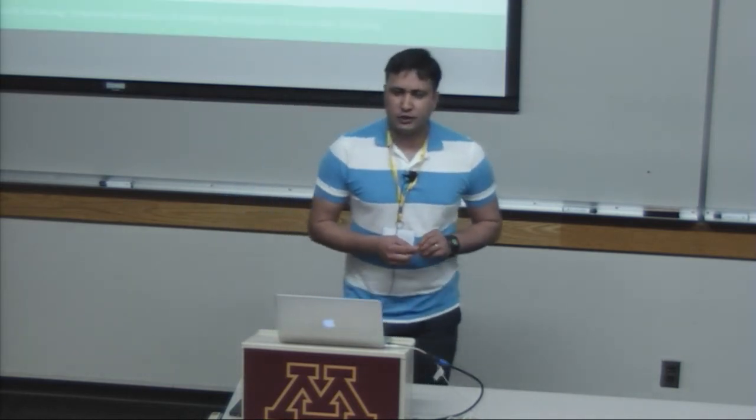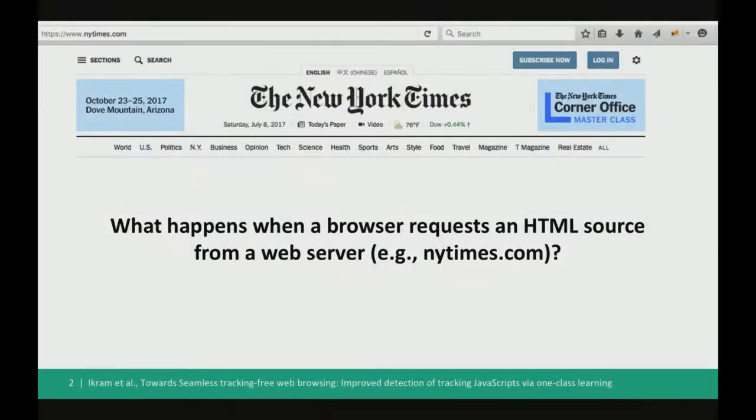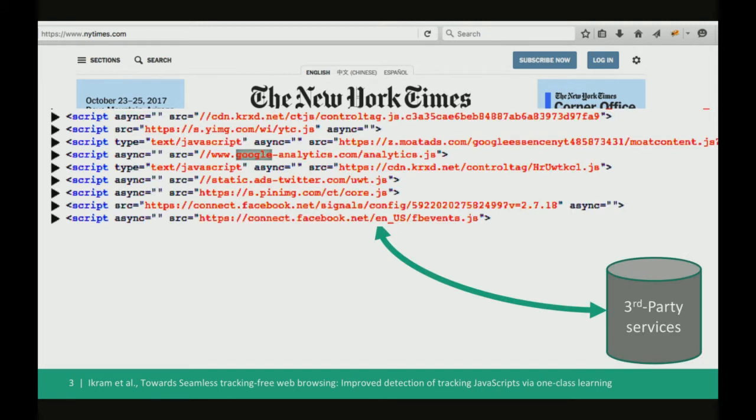I know that you probably know about web tracking, but let me explain what happens when a browser requests an HTML source from a web server, in this case like NewYorkTimes.com. Upon executing the initial JavaScript in the HTML source code, the browser sends additional requests and loads tons of resources from third-party services in the form of tracking, ads, and pop-ups, and of course some useful resources from CDNs.